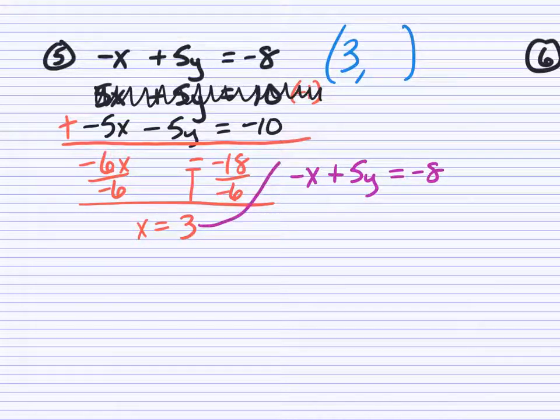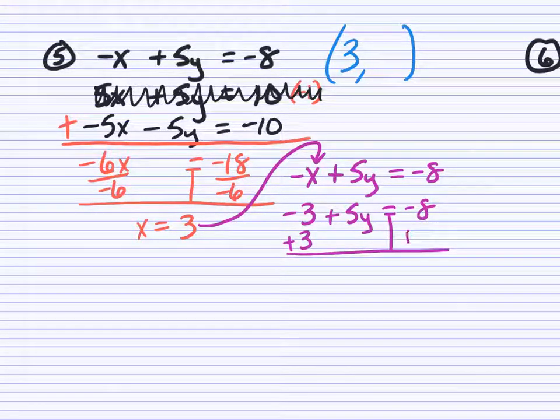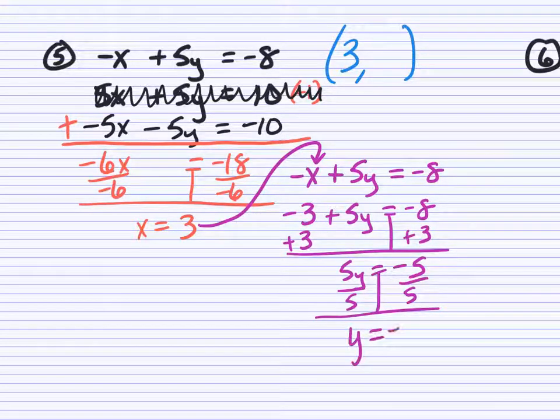Then x is 3, so it becomes negative 3 plus 5y equals negative 8. And then we solve it. Add 3 and divide by 5. And y equals negative 1. So these two lines would cross at 3, negative 1.